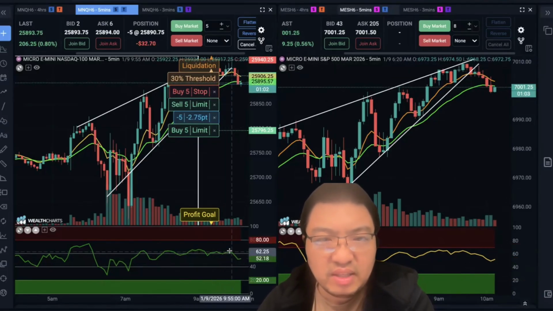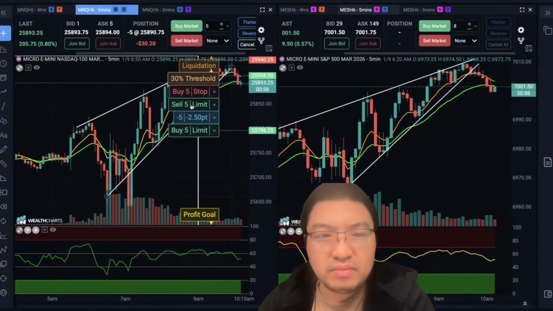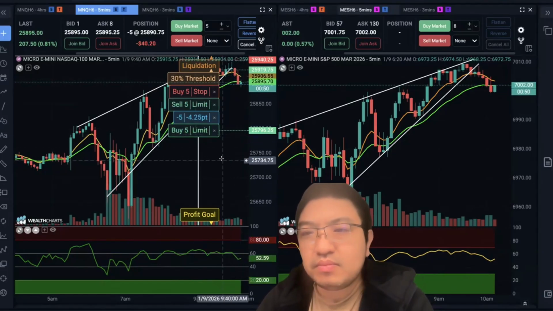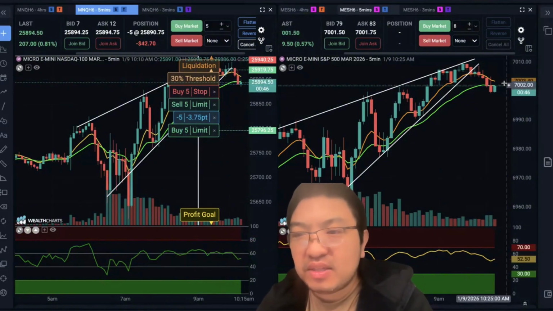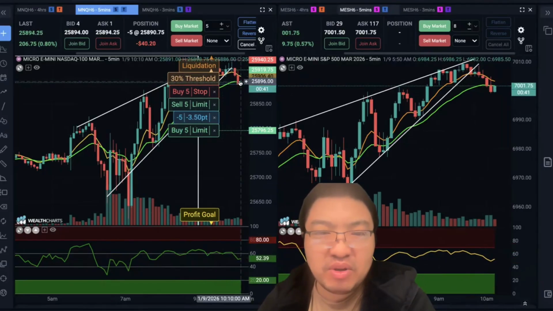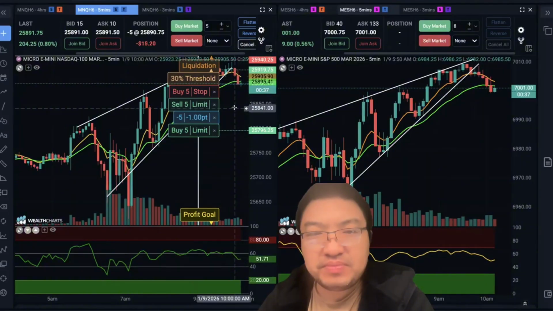So we'll see. Yes, already almost engulfed, but for NQ it's so small. So this is some kind of divergence.